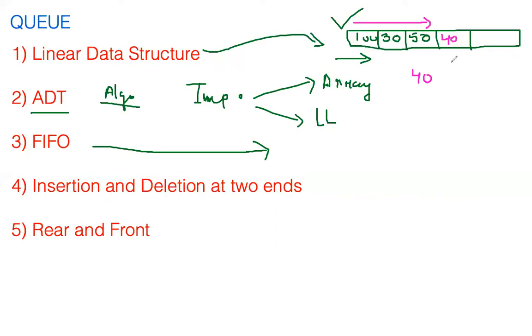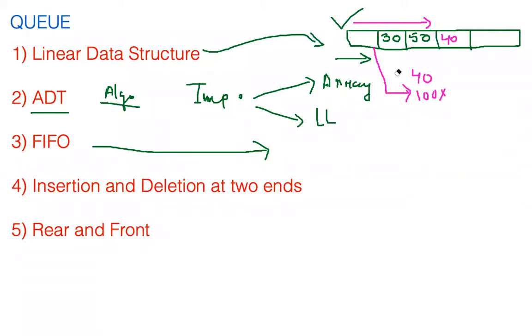In this list, 100 is the first element which was put. Now when we delete from this queue, 100 will be the first element to go out. So this will be removed.